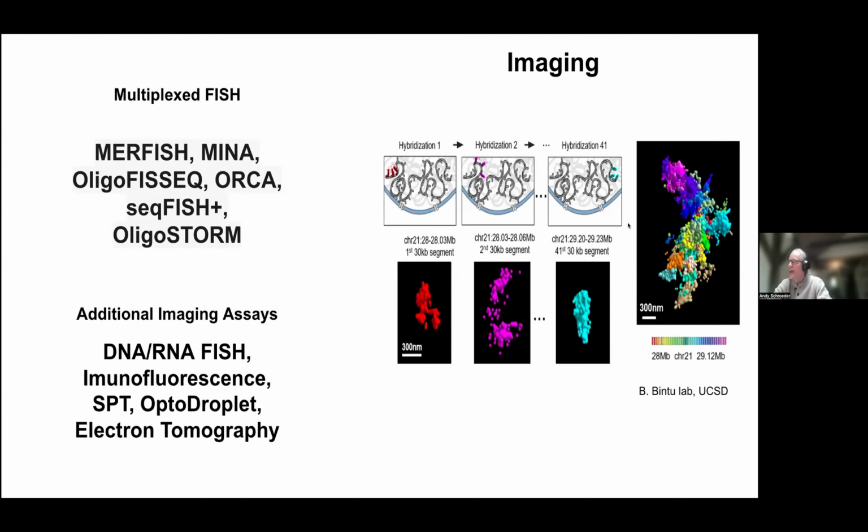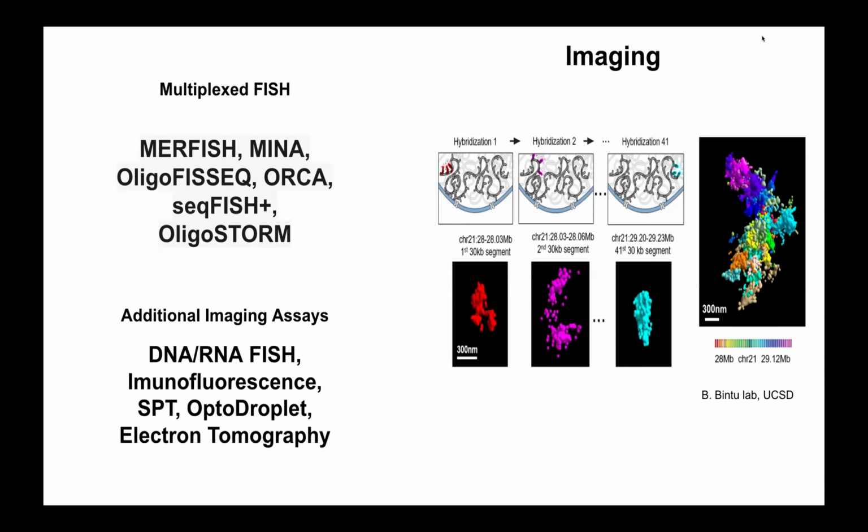We also have a number of imaging data types. Especially during the second phase, there's been a focus on chromatin tracing, or what we call multiplex FISH experiments, that essentially allow you to walk along a chromosome using sequential rounds of hybridization of oligonucleotides to visualize the actual structure and organization of the chromatin.